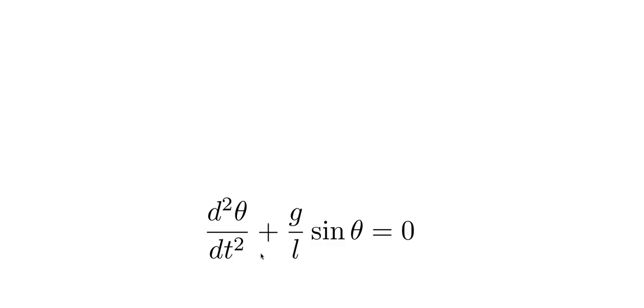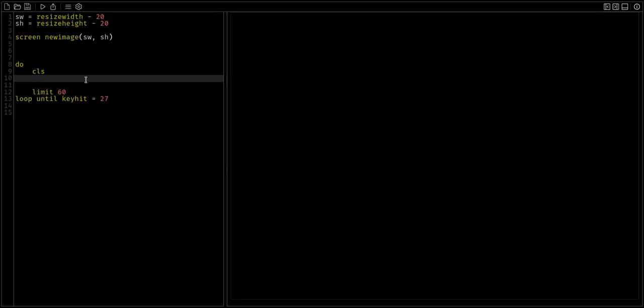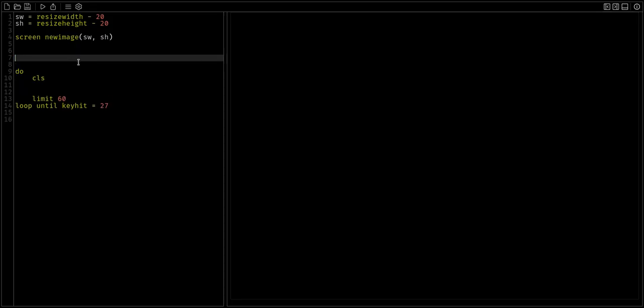This second order homo whatever equation is of the so-called simple pendulum. So let's just draw it at the center of the screen.